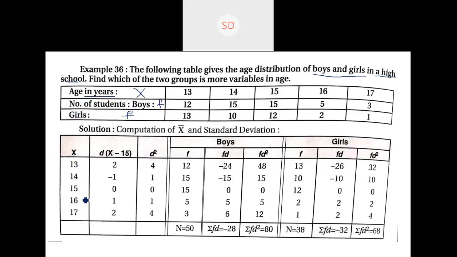We have taken them here already. Next we have d, and for x we are calculating the d values. We will come back to that. Let's see what we have to copy down from the question. So x is copied down for the first column. F, that is boys, is 12, 15, 15, 5, 3. And for girls, again, F is considered here. Three separate columns we have taken.